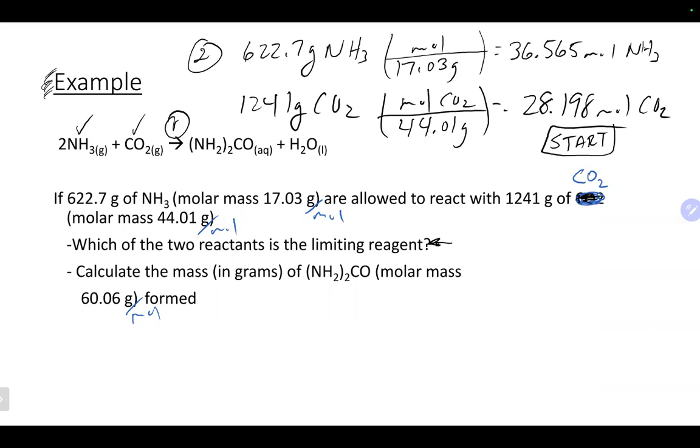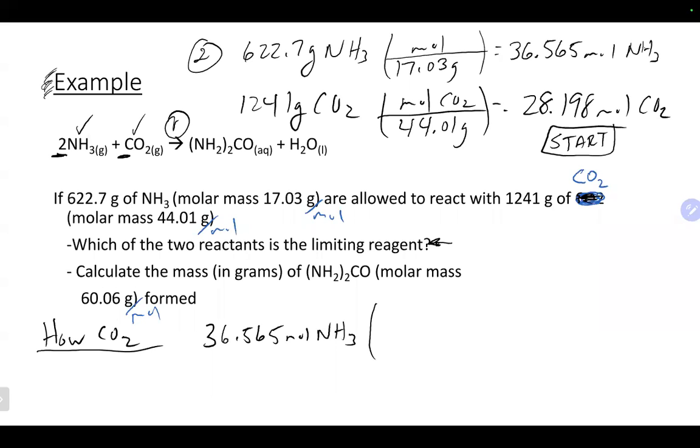At this point, we're going to figure out the limiting reagent. So here, I'm going to figure out how much CO2 is needed. So basically what I'm going to do is start with my NH3, and I want to use up all my NH3. So looking at the equation, it is a 2-to-1 relationship between the NH3 and the CO2.